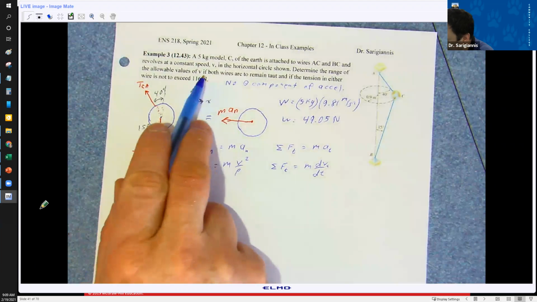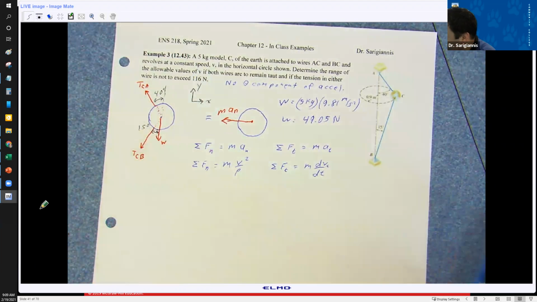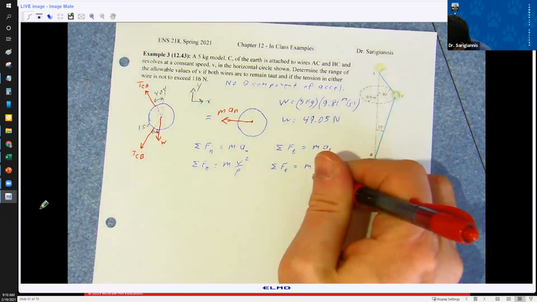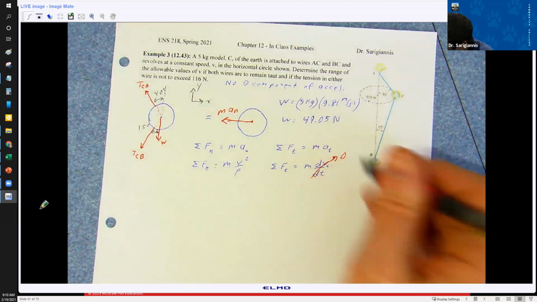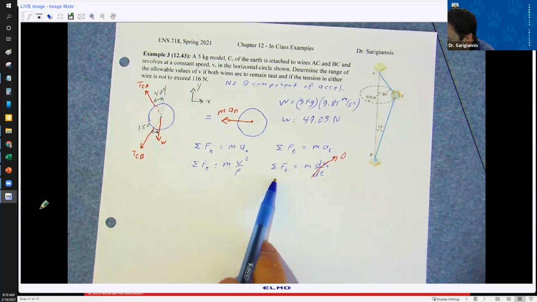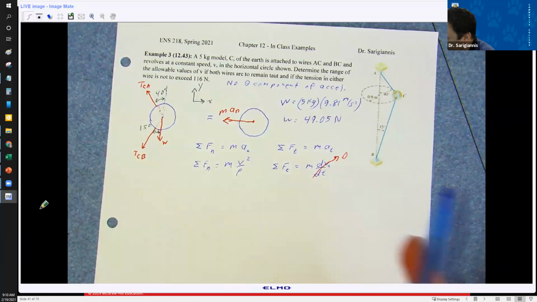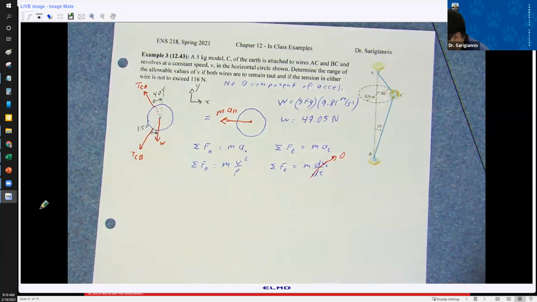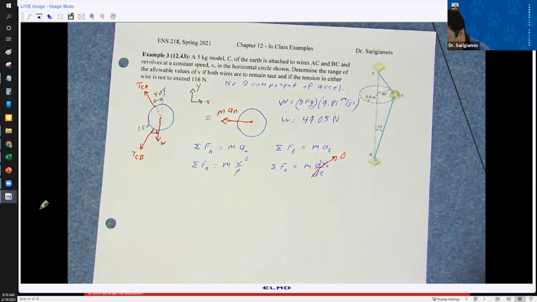We're told that the velocity is constant, or constant speed. Now, this goes to 0, this term here. We're still left with the sum of the forces in the tangential direction equals 0, right? There's no acceleration in that dimension.